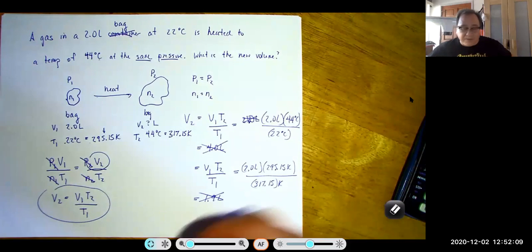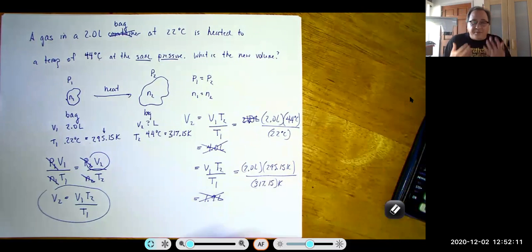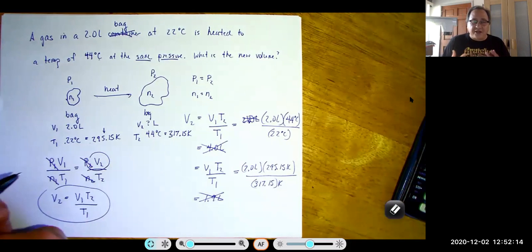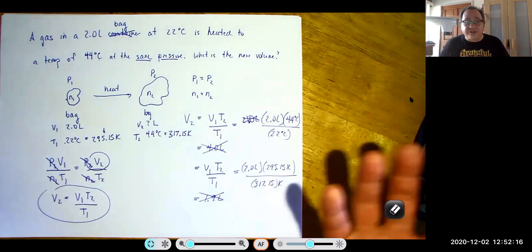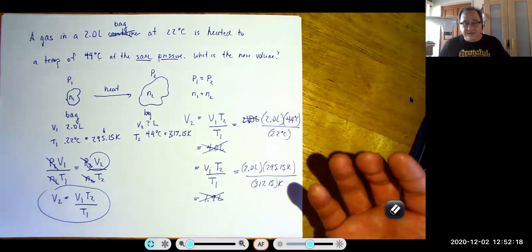Yeah, this is what a lot of people do. They go, hey, I'm going to put V1 on top. The natural thing is, well, I'm going to put T1 next to it. And that's wrong.